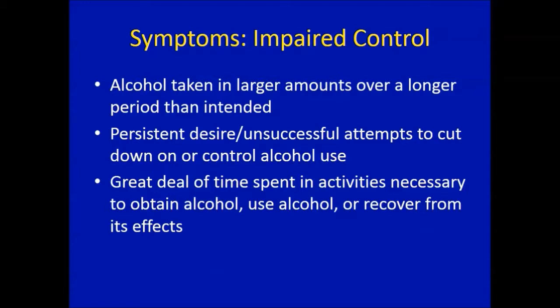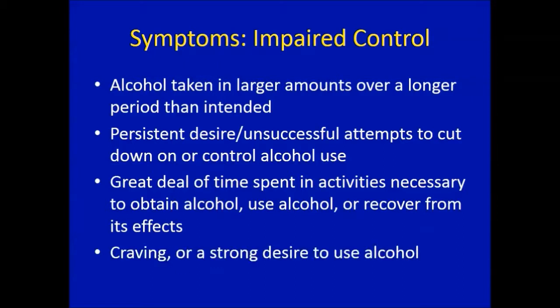So when a large portion of a person's experience is related to drinking behaviors, so either they're figuring out how to get access to alcohol, figuring out where they're going to go drink next, a large portion of their day is spent under the effects of alcohol or recovering, for example, from the effects of a hangover, this also suggests that they are losing control of their drinking and are unable to moderate their drinking behavior. So all of these are evidence that an individual has impaired control of their alcohol use.